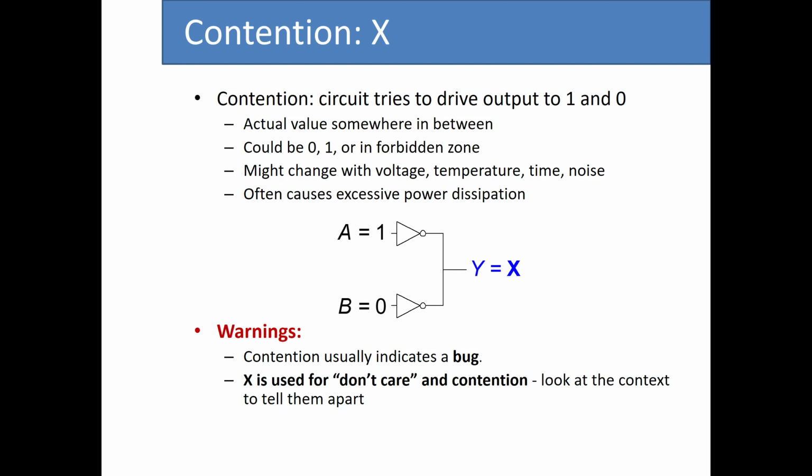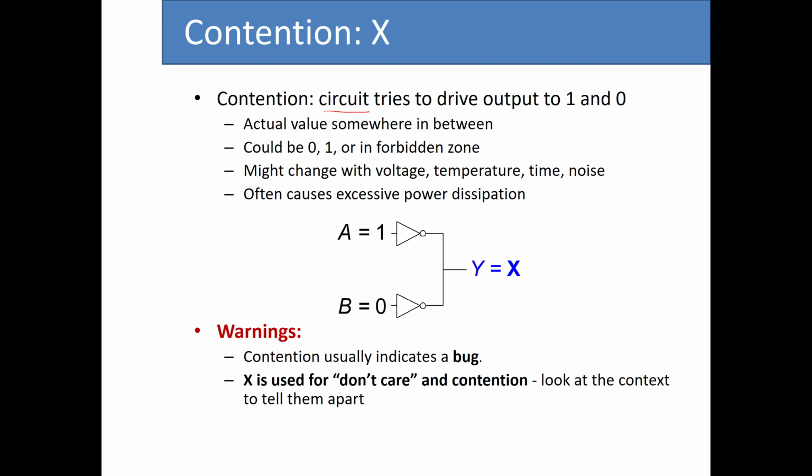There is another time that we may encounter X, and that is as a result of contention. So what does contention mean? When you have a circuit that tries to drive the output to both 1 and 0, you have contention. So basically, you can think of it this way.